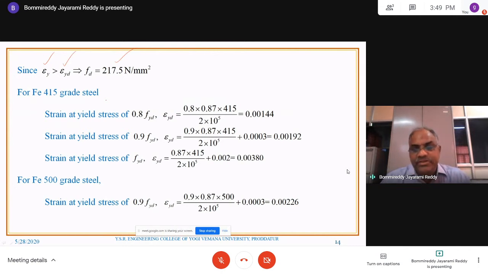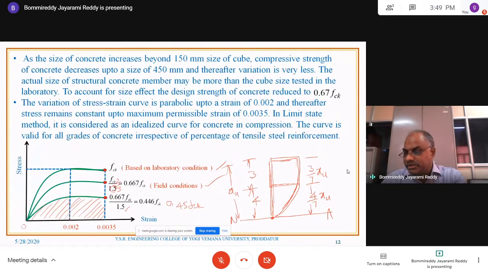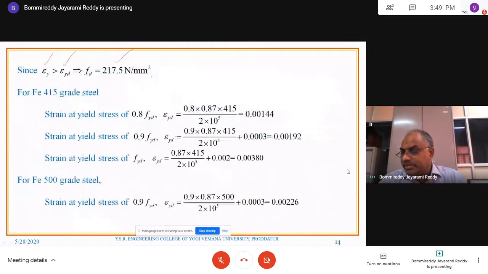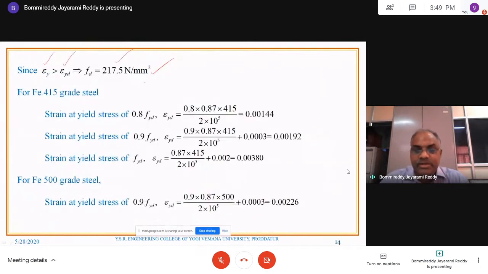For example, in the mild steel, if the strain is 0.00109 or more, then the stress value will be equal to 217.5. If the strain is less than this, naturally the stress will also be less. So in steel, the stress completely depends on the amount of strain in the steel.